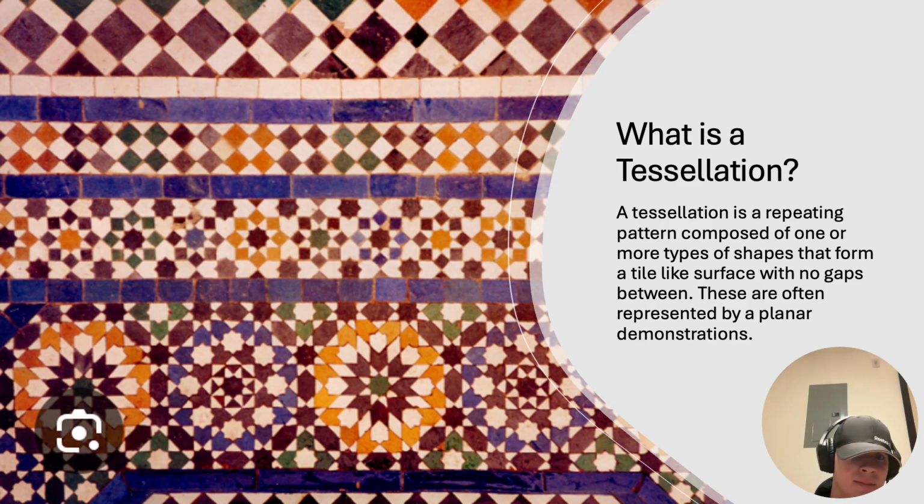These are often demonstrated in planar kind of tapestries and artwork. As you can see in this background, there's a mosaic over here. You can even see the types of shapes in it, and we'll get to what type of tessellation or tile this is.